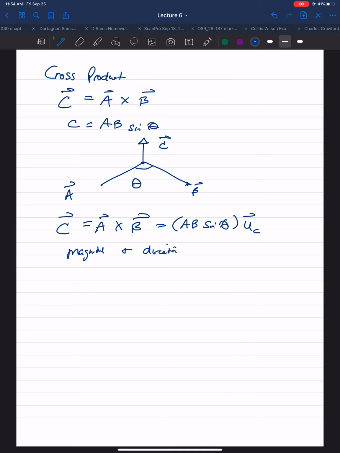The magnitude of vector C, we said, is AB sine theta. Well, that's here. Direction then is given by the unit vector U sub C, which is in the direction of vector C.